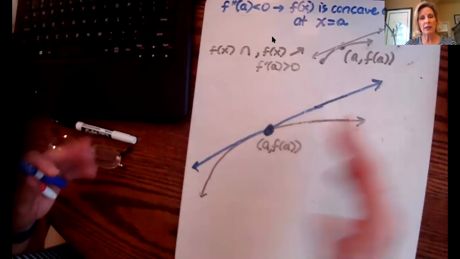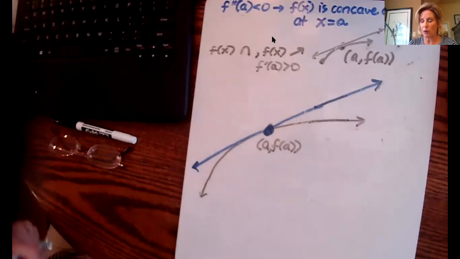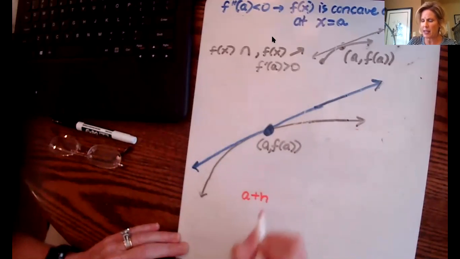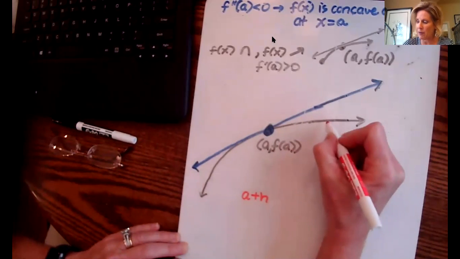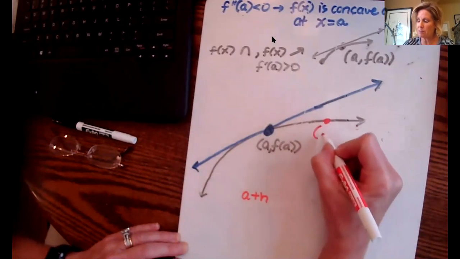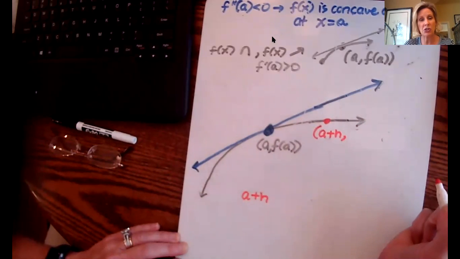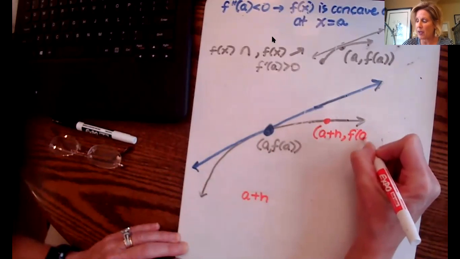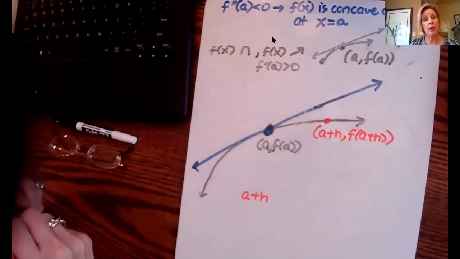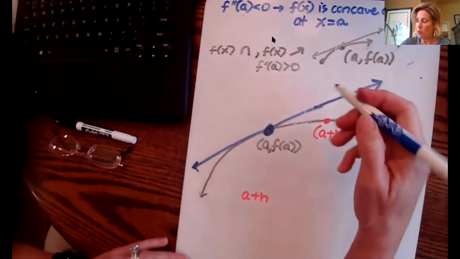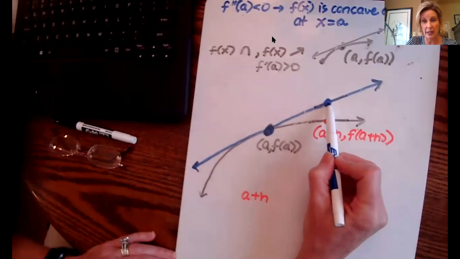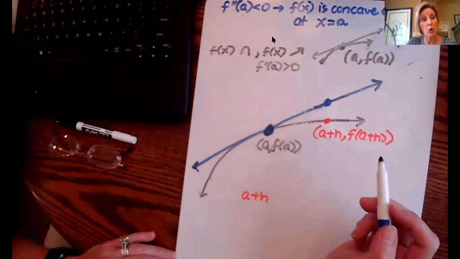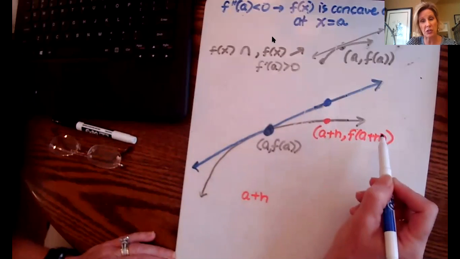So I've expanded the first example. And remember, you were asked something about f of a plus h. For small values of h, that just means that we're going to move from a rightward to an x-coordinate of a plus h. So I'm going to make this point have an x-coordinate of a plus h, and its y-coordinate will be f of a plus h. Now, if I look at the tangent line, the point on the tangent line that has the same x-coordinate, a plus h, will be directly above the function.